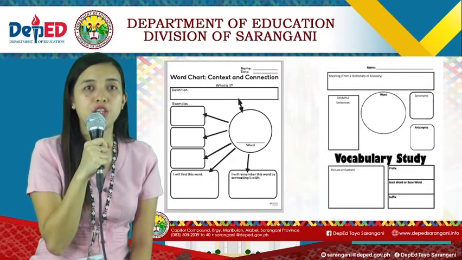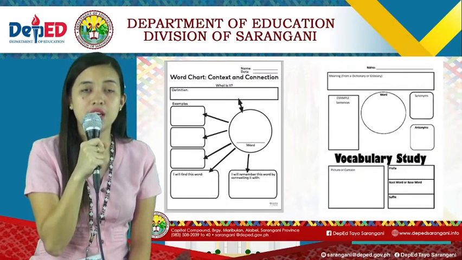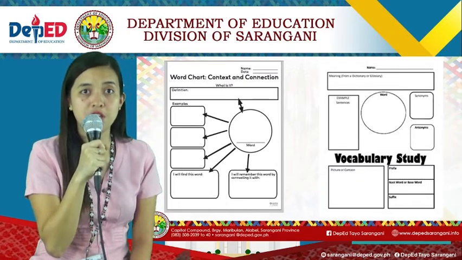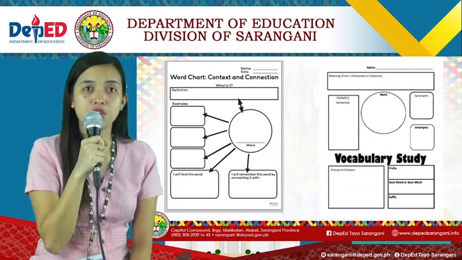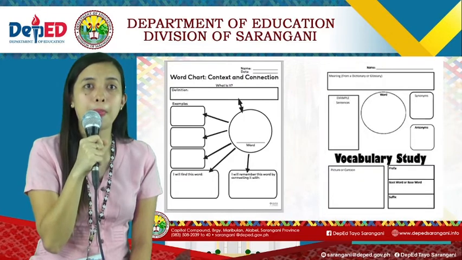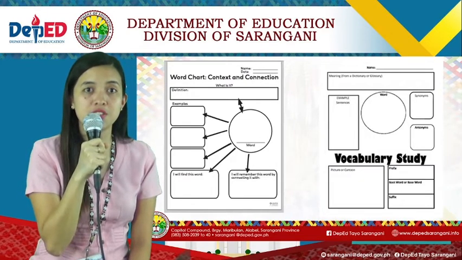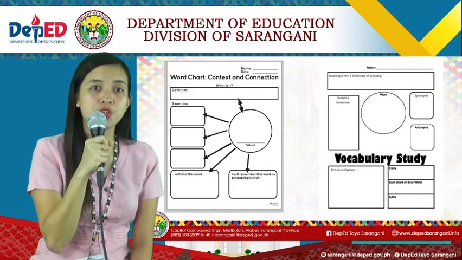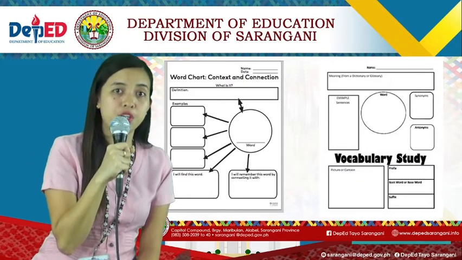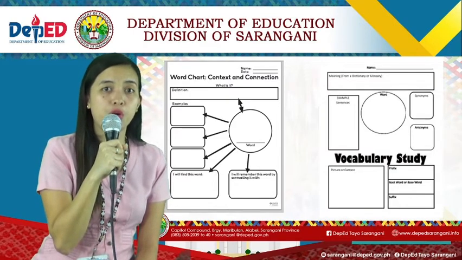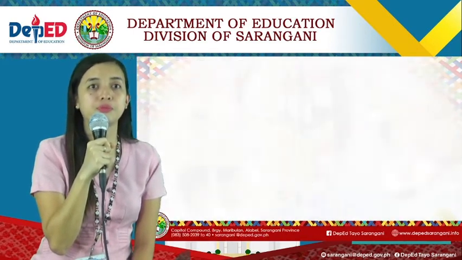They can make use of a dictionary or a glossary. In the circle shape, learners will write the words that they have discovered, then they give the meaning in the rectangular shape, then examples, synonyms, antonyms, then a picture or a cartoon describing that word, then the prefix, word part or the base word, and then the suffix.